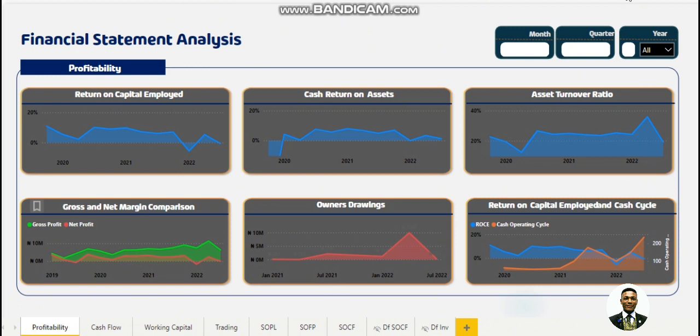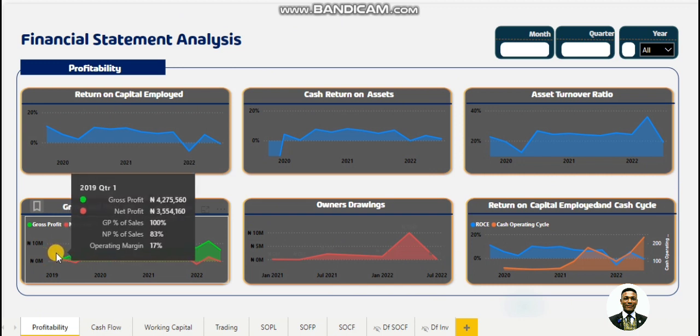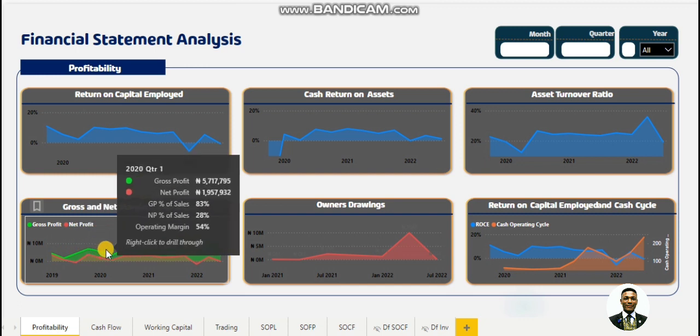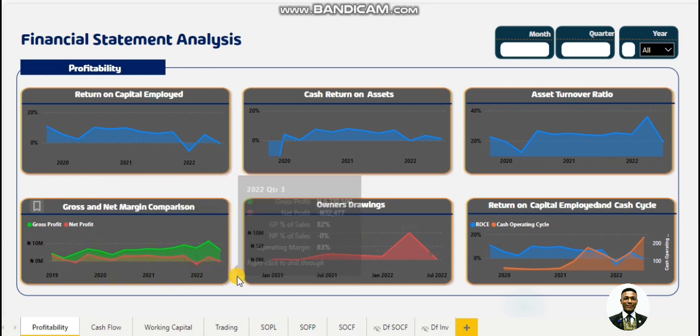So looking at the gross profit and net profit margin, the comparison of both, we see that for the gross profits, the business was able to maintain a steady increase in the naira value of its gross profits.